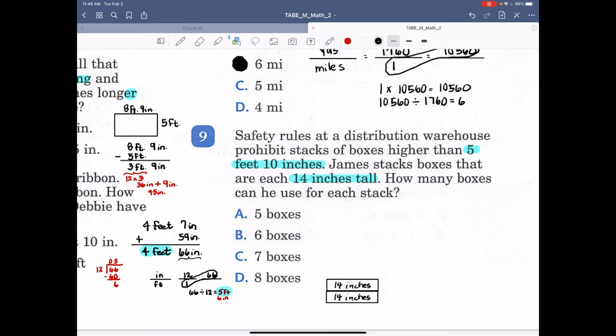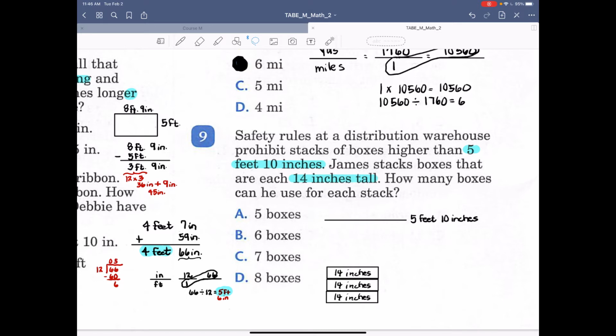What we want to know is how many boxes can he fit in there if this is the limit. If he goes above that line with the boxes, he's going to get in trouble. So Jamie's trying to figure out how many of those boxes can he stack up there.